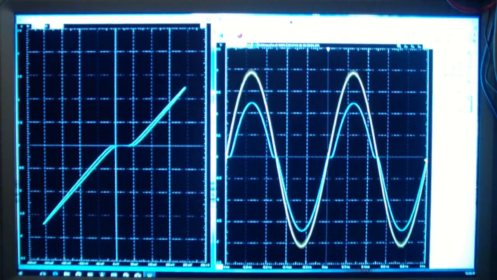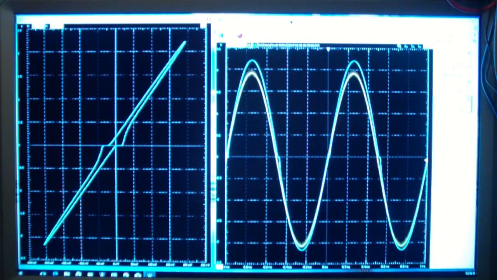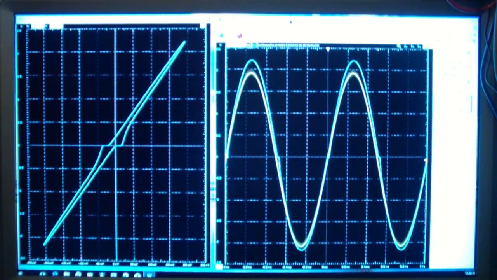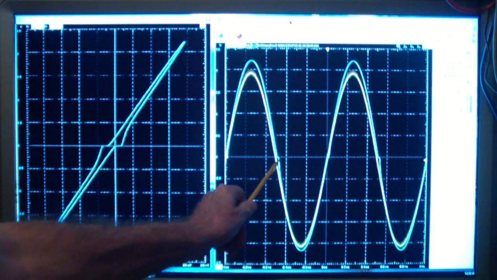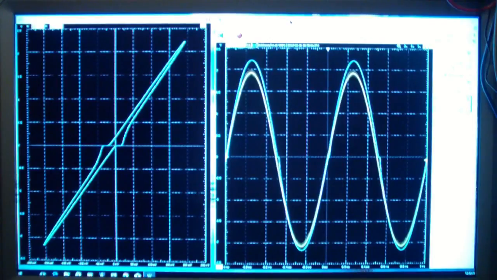Now what I'm going to do is change the feedback from local feedback to global feedback. And let me point out that with global feedback, you notice that the amount of remaining distortion is relatively small.